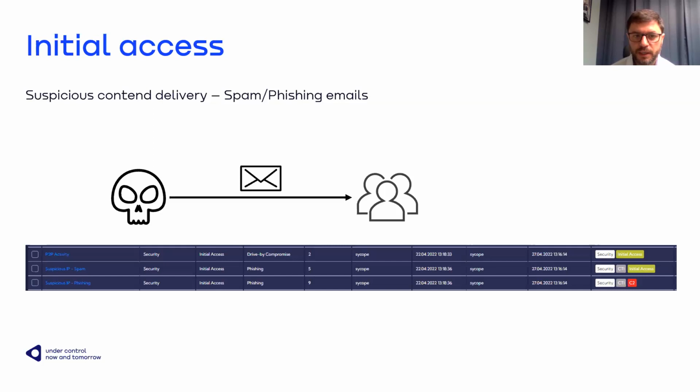On this phase of the attack, the victim receives the email with the link to the suspicious web page, or the attachment with the virus. So in this phase of the attack, we can detect the communication with the host from the reputation list.